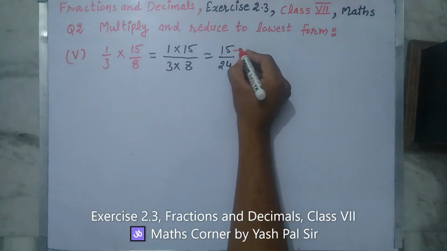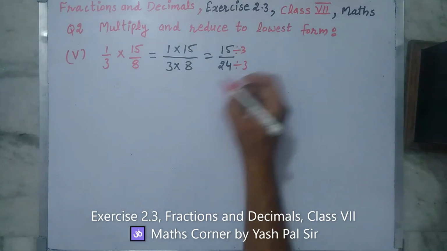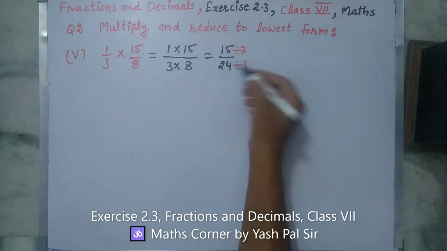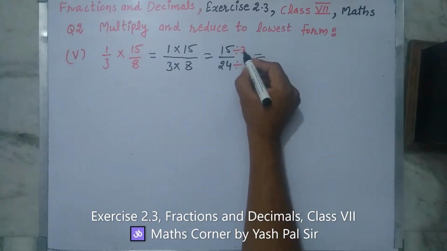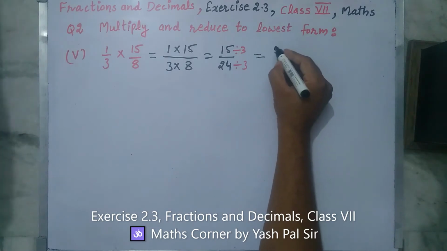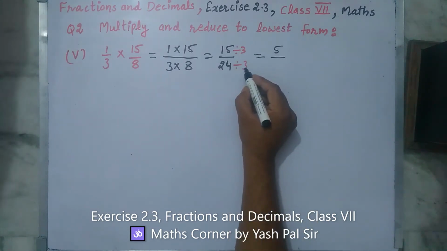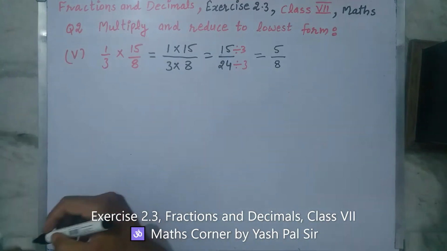So we divide 15 by 3, 24 is also divided by 3. There should be a common number in the numerator and denominator by which we can divide. So 15, when this is divided by 3, we are left with 5. 24 is divided by 3, it means the answer is 8. So this is the final answer.